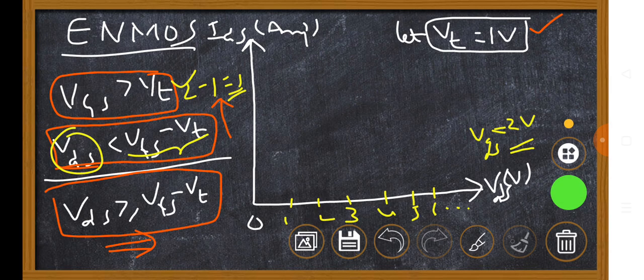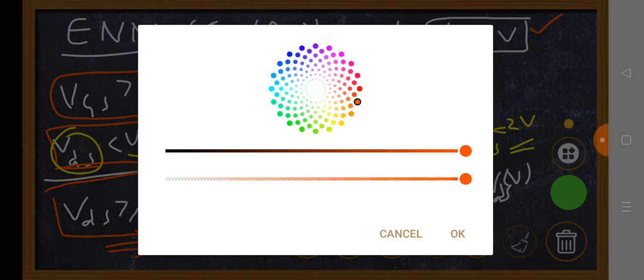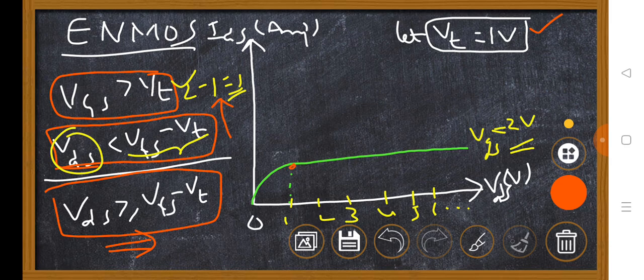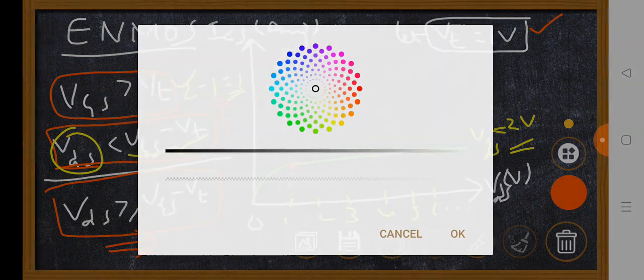Therefore I will show with some other color. The current is going to increase up to 1 volt. From thereafter it will be constant. Is it understood? This is the voltage from where the current is going to be constant.